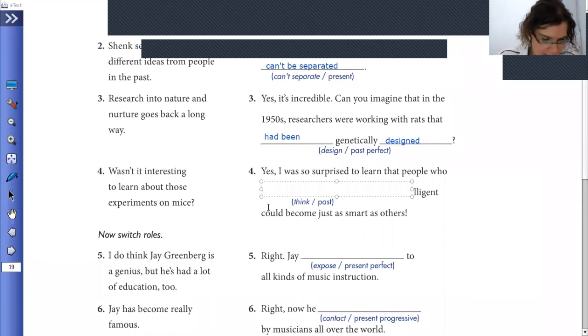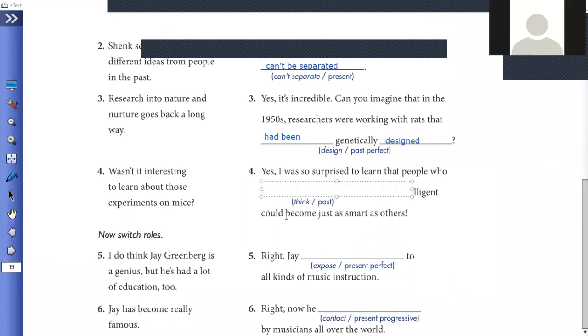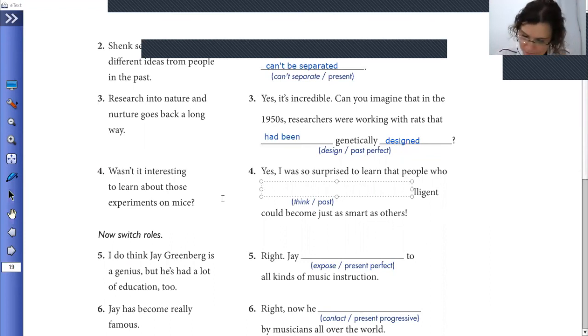I'm going to ask Michelle, Angelina. Michelle, are you here? No, Michelle? See, if I have to wait, it takes sometimes a bit too long. Michaela? Yes, miss. Hi, can you do number 4 for me? Think, and then in the past.